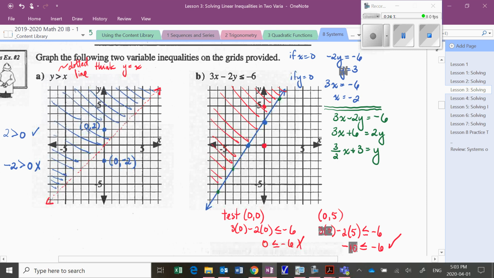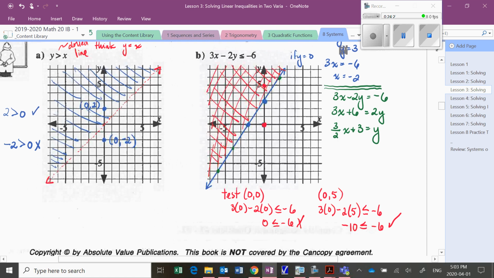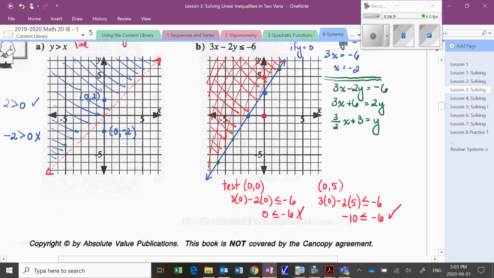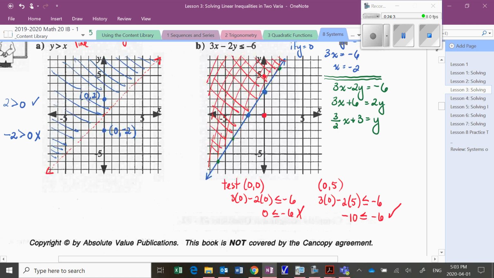So any particular point above or on this line will satisfy that inequality. So there are literally infinite possible points that could be substituted in to make that particular inequality true.